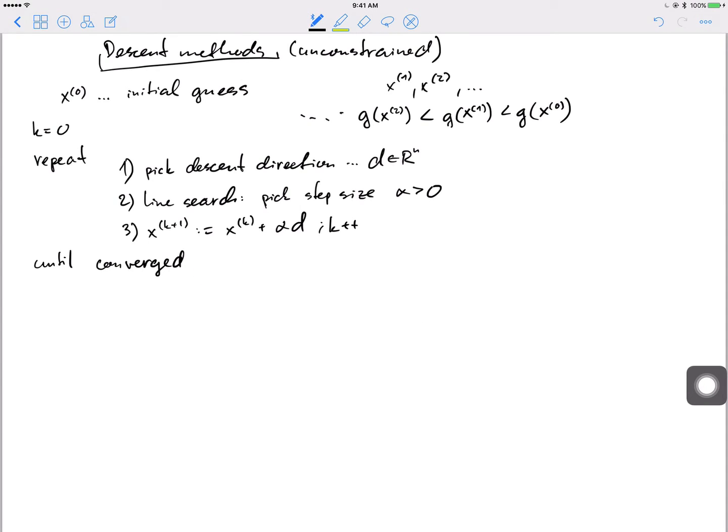The invariant is that g of xk plus 1 must be strictly less than g of xk, and the hope is that it will be significantly less. And there is some stopping criterion which says at what point you are already happy and you stop iterating.